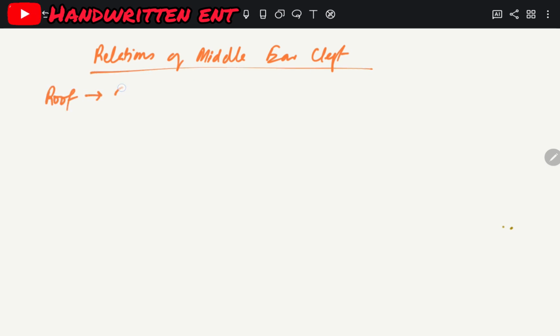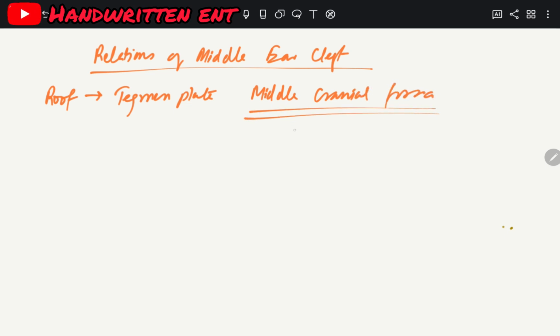Now, what are the relations of the middle ear cleft? In the roof we have the tegmen plate that separates the middle cranial fossa from the middle ear and mastoid. So basically this is the tegmen plate.